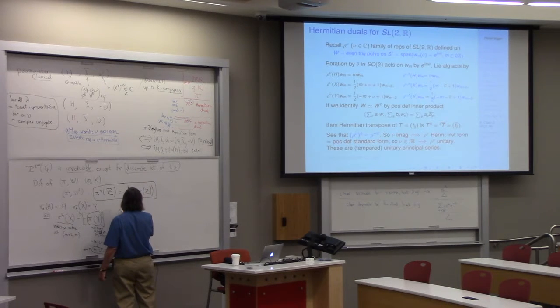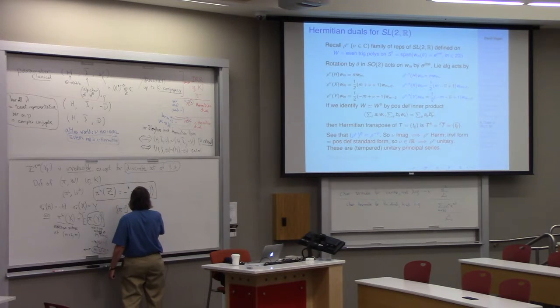The conclusion is that this pi nu, the Hermitian dual, is pi minus nu.